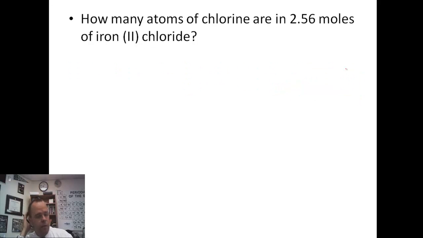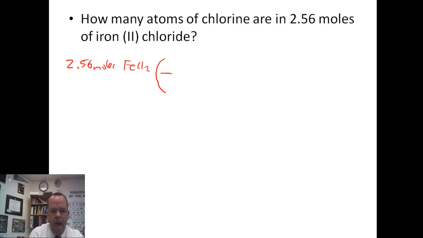One last problem that's a little bit more complicated. Now we have 2.56 moles of iron 2 chloride, and we want to know how many atoms of chlorine. So there's 2.56 moles FeCl2. We're going to convert this to chlorine. So for every 1 mole of iron 2 chloride, we would have 2 moles of chlorine.